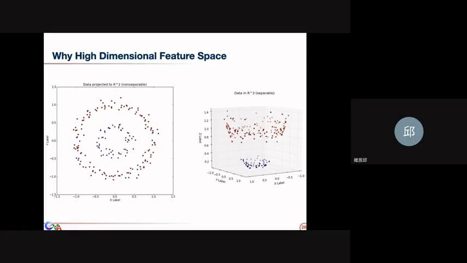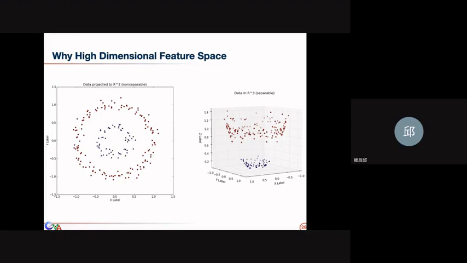Now you can see the red dots are mapped into a little bit higher region in this 3D space, and those blue dots are mapped onto a little bit lower region. Under this 3-dimensional feature space, it is now possible for us to have a simple linear classifier.